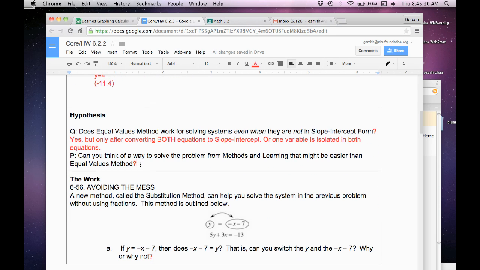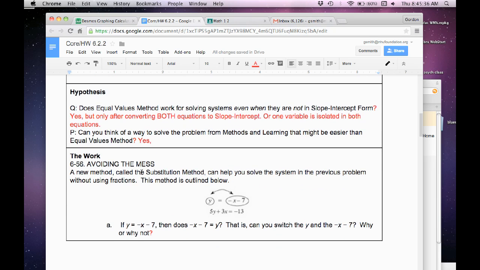So, yes. Another way of realizing this, it's always wise to look ahead. It says a new method called the substitution method. So it's sort of a preview. Yes, the substitution method would probably give us an easier way of solving.